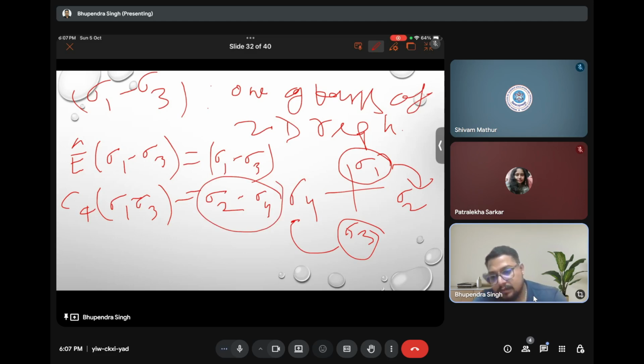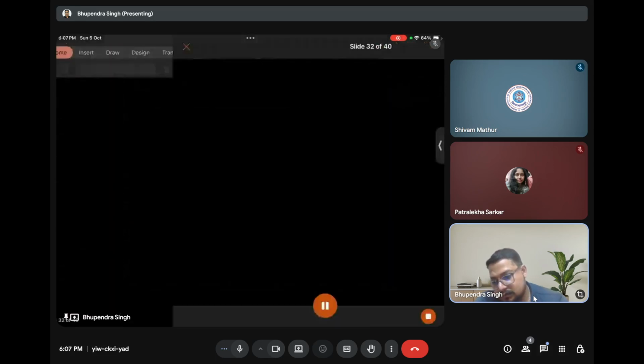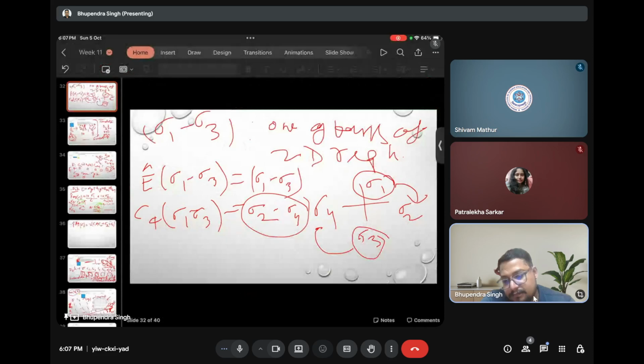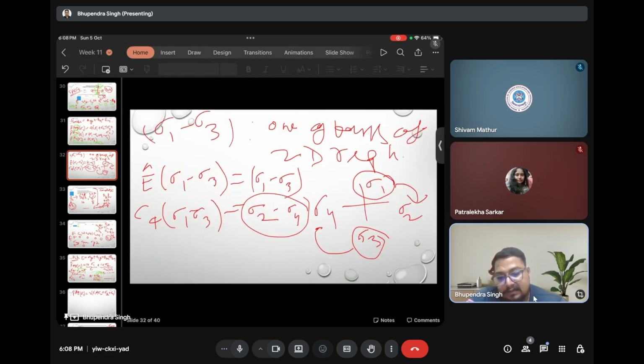Similarly, if you solve for all the operations, C2 perpendicular, C2 double dash, S4, I, sigma H, sigma V, sigma D, you will ultimately get sigma 2 minus sigma 4.